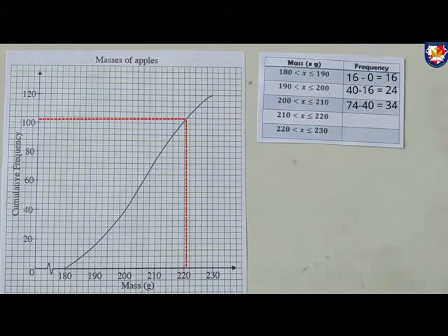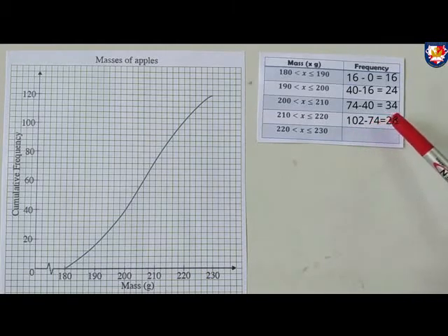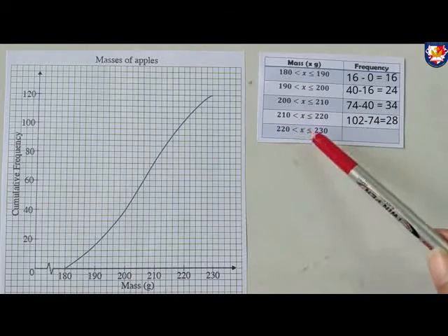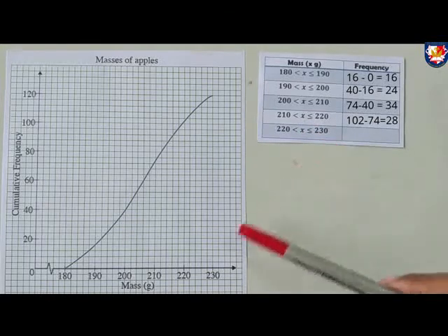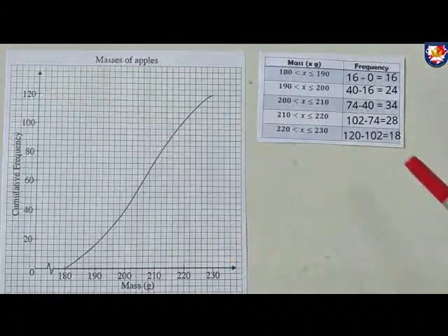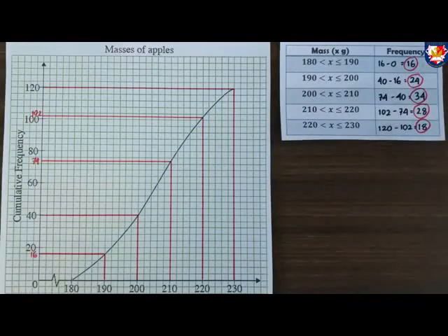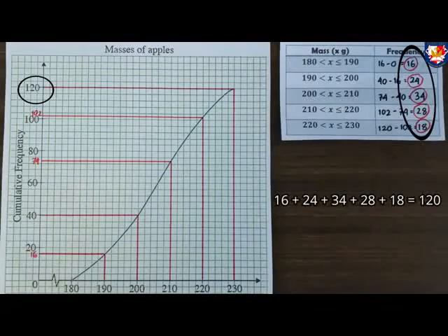We got 102 minus 74 equals 28. And the last one, we have known 220, find 230. At 230, it's obviously 120. So 120 minus 102 equals 18. If you add all these numbers together and you get 120, it means you got the correct answer.